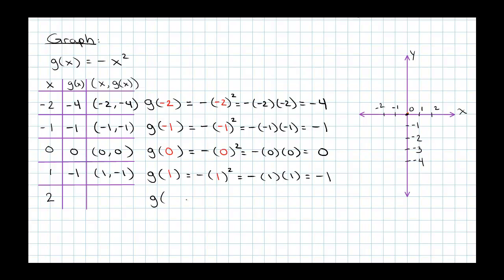And the last value we're going to substitute for x is 2. G of 2 is going to equal a negative times 2 squared. 2 squared is just 2 times 2, which is 4, and then I multiply with the negative, and that gives me negative 4.